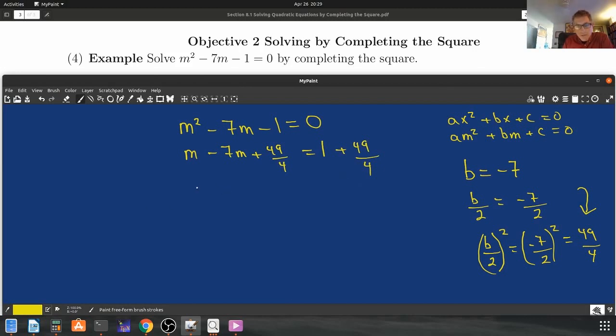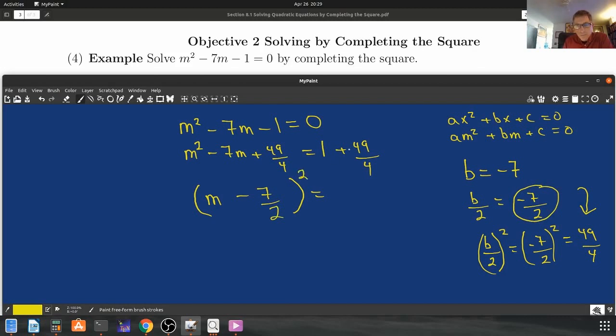But now once I've done that, I'm ready to write the left hand side as a perfect square. So that's supposed to be m squared there, sorry. So that's m plus b halves. So I come over here and I grab the value of b halves, which is minus 7 halves squared.